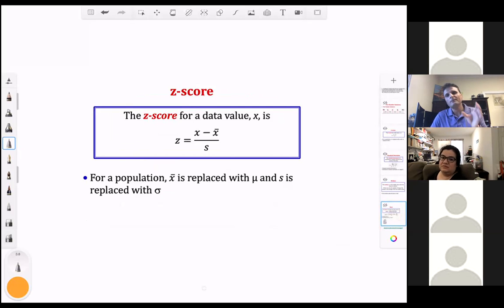Your job is to have the definition of z-score. Z-score should make sense to you. If you get a value for z, what does it mean? So S is the standard deviation, x-bar is the mean, x is a value in our data set. Whatever we get for z, it tells us how many standard deviations that point is from the mean.